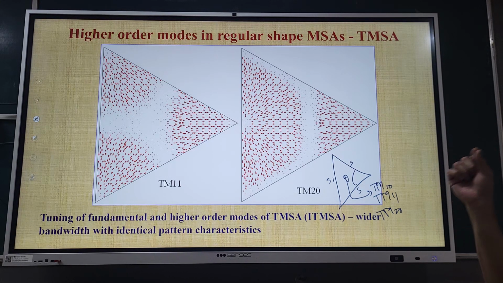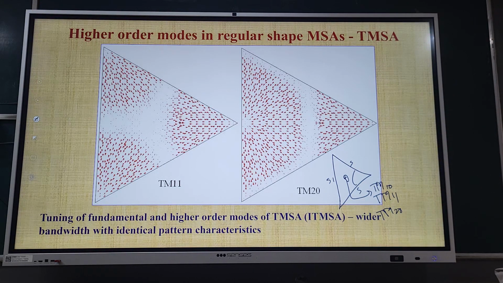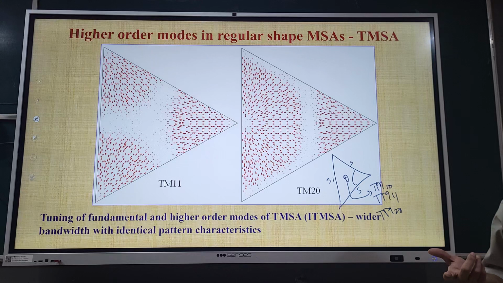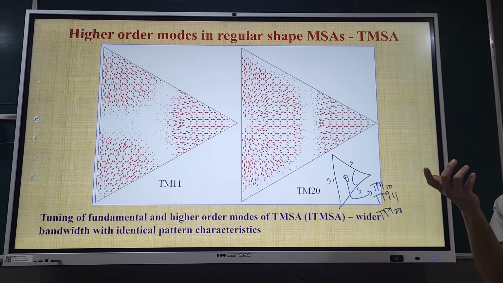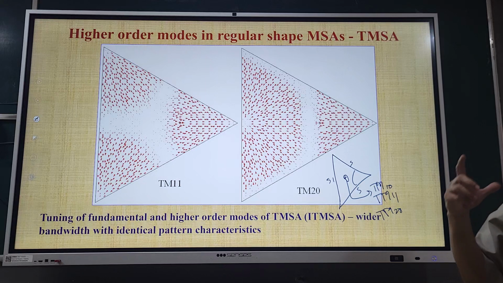Remember, just to sum up a few points, higher order mode excitation is a function of feed point location. Basic concepts only have to be applied for assessing the higher order modes, like whether 3-0 will come, 2-0 will come, likewise.